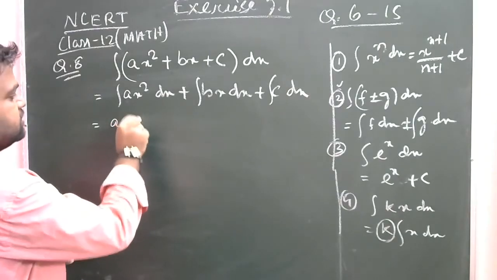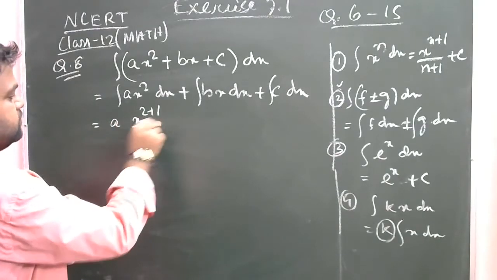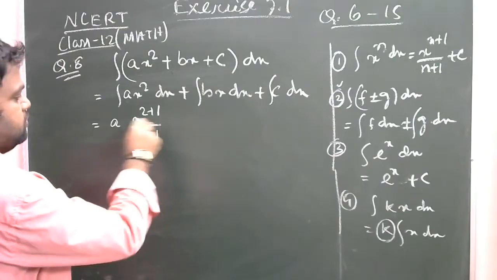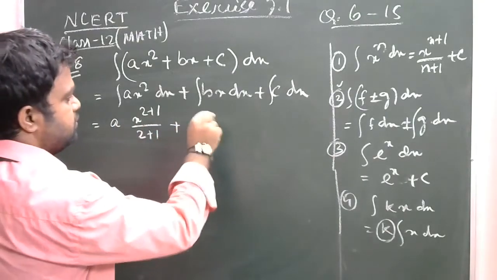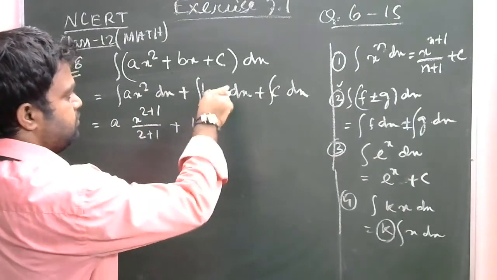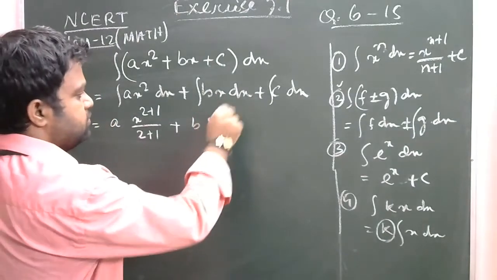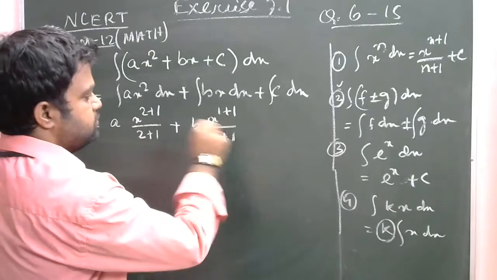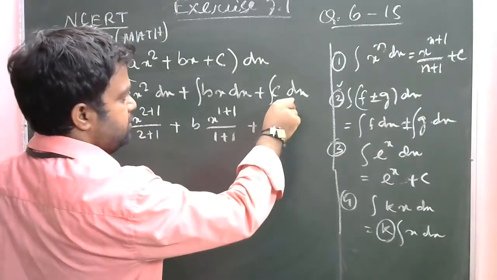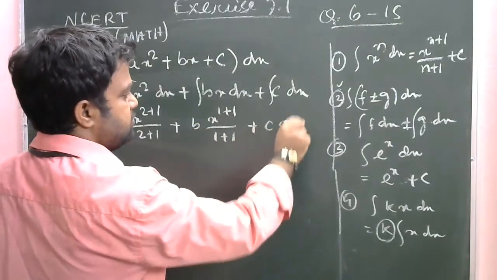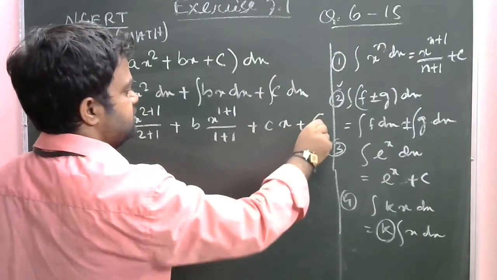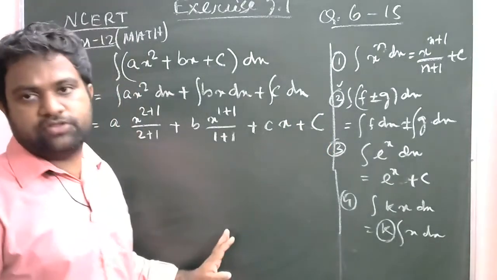So this is x to the power 2 plus 1 by 2 plus 1, plus b x to the power 1 plus 1 by 1 plus 1, plus c. Integration of dx is x plus c. Capital C you can write, or another constant, k also you can write.